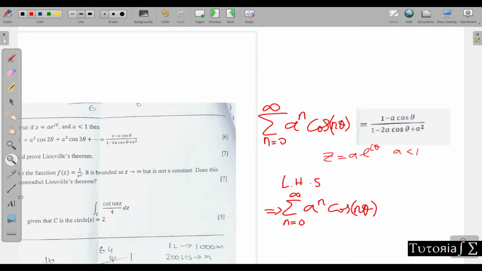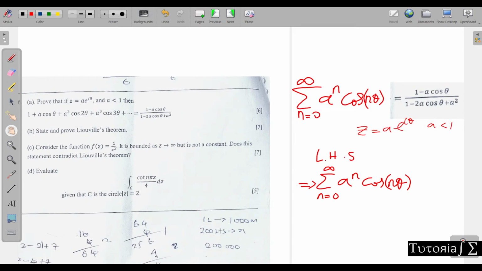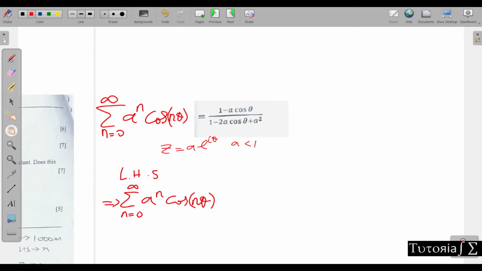When n is 1, we're going to have a to the 1, then cos theta. When n is 2, we're going to have a squared cos 2 theta, and so on and so forth. So basically, this is what we have. This is equal to that. So we're going to show that this converges to that.